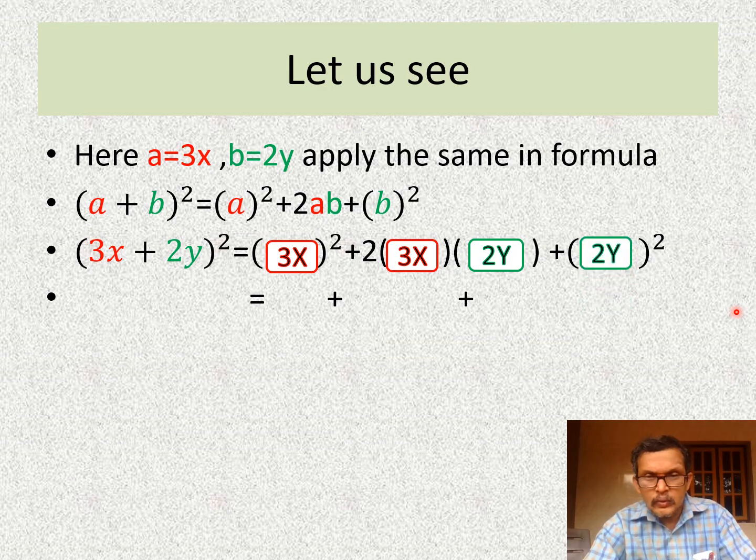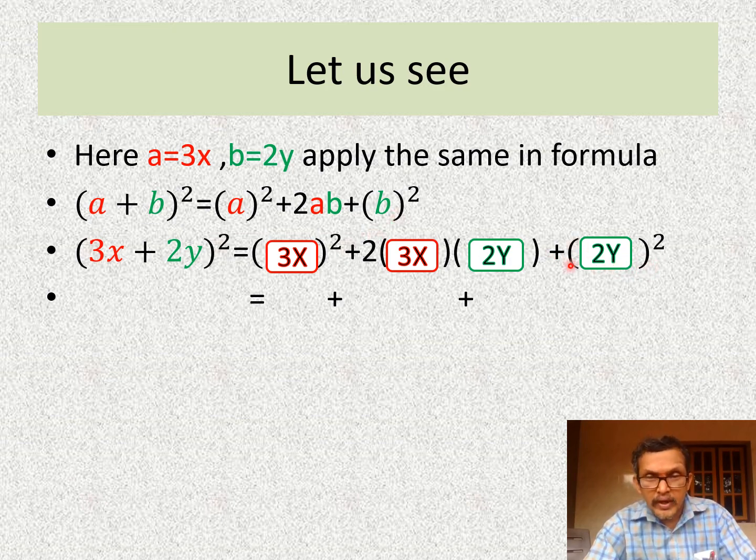2y whole square. Putting the bracket is very important, because if you don't put the bracket, it becomes 2y square. 2y squared is different from 2y whole squared, which is 2y into 2y. So instead of b, here we are substituting 2y.